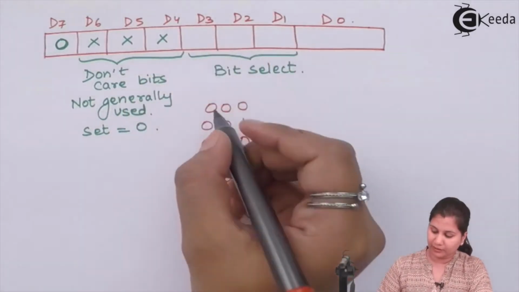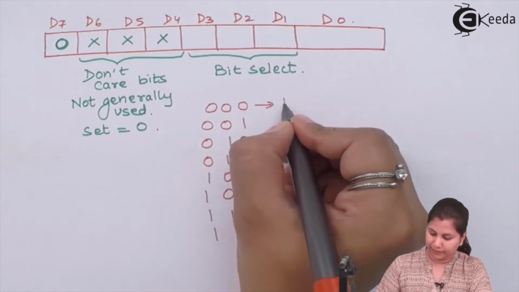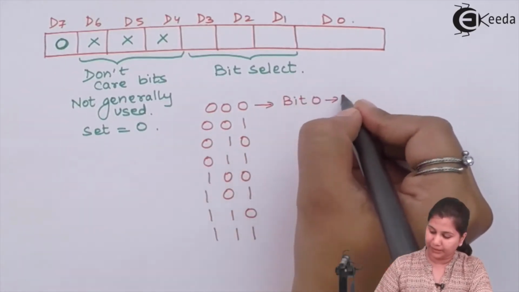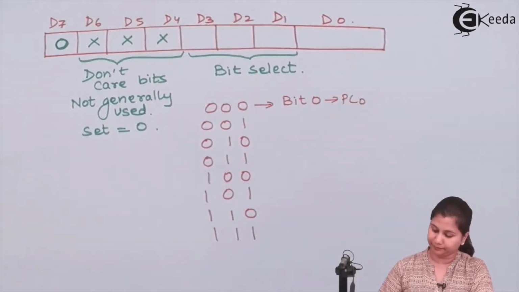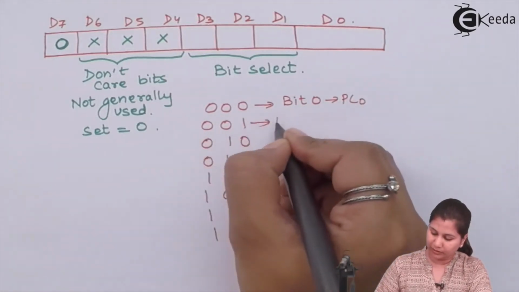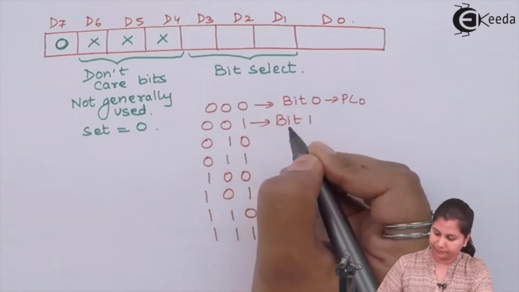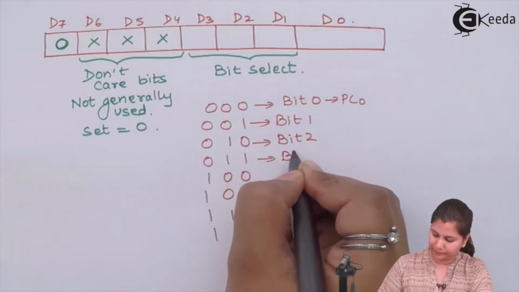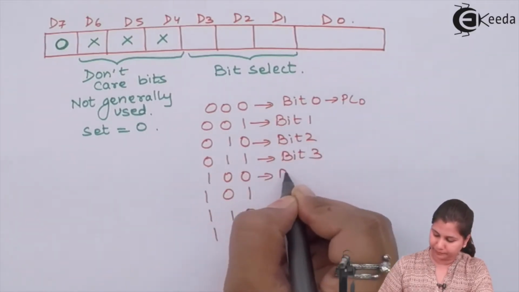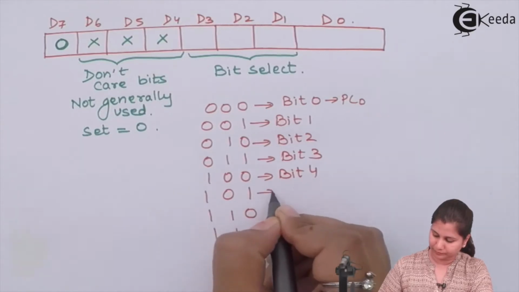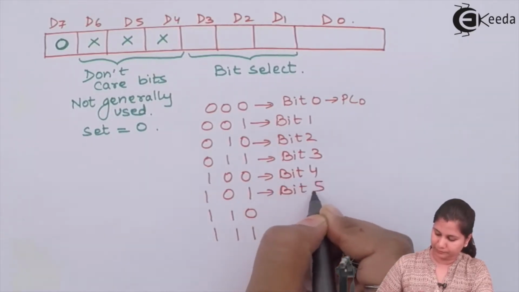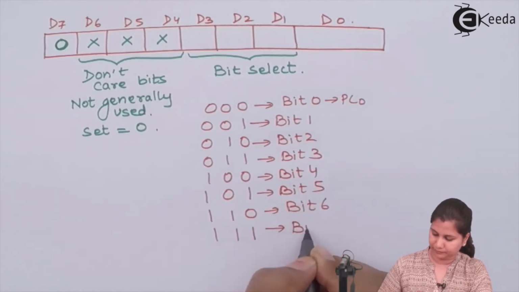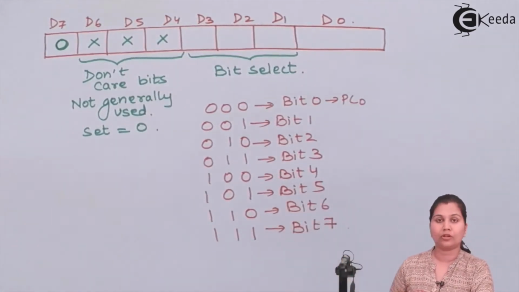So if the value is 0 0 0, then bit 0 is selected, that means PC0 is selected. Then 0 0 1, then bit 1 will be selected, then bit 2, and so on.